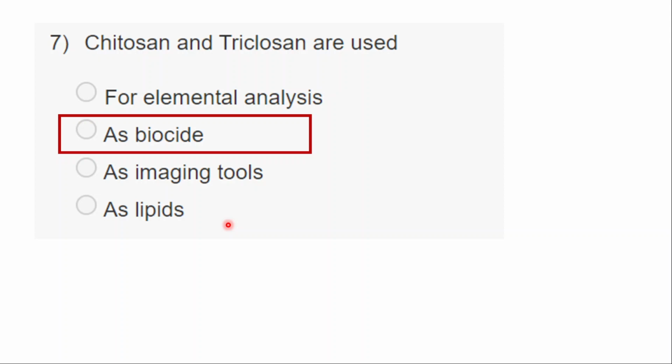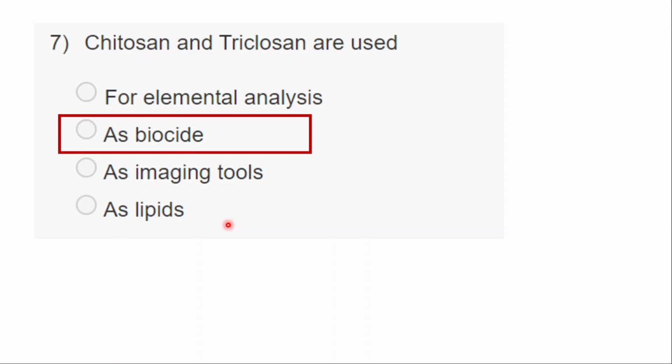Chitosan and triclosan are used as biocide. Now, what is a biocide? A biocide is something which kills microorganisms or kills any form of unwanted living organisms, right? So if you are trying to kill something, that is cide, and bio is for living.